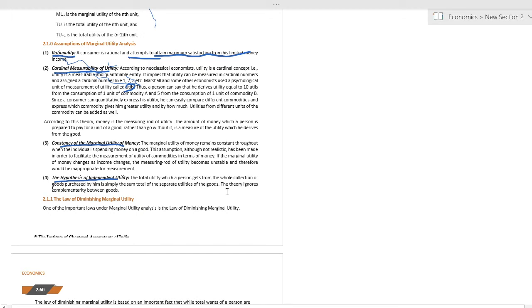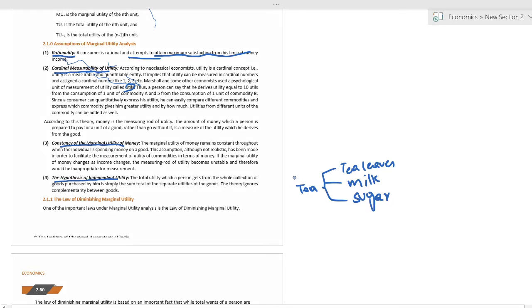But this theory ignores complementarity between the goods. Let's take the example of tea and sugar, which we have taken earlier. If you have tea, it includes tea leaves, milk, sugar.